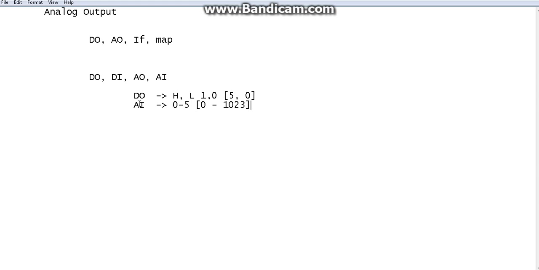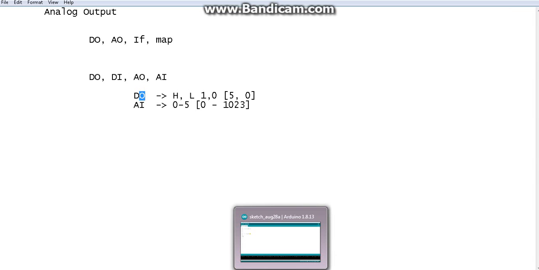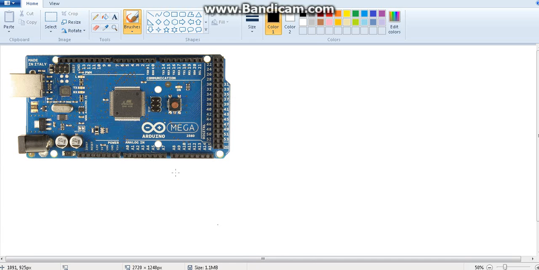So what is the basic difference between input and output? Output means we are giving out from Arduino, right? For example, we are giving a digital output to some actuators or to an LED or something. Input means we are getting something from an external thing to Arduino, from a sensor or something, right? So that is the only difference between input and output, nothing else actually.